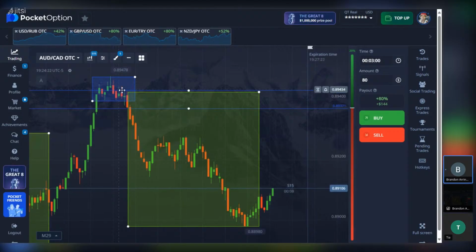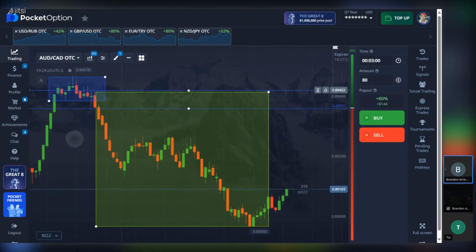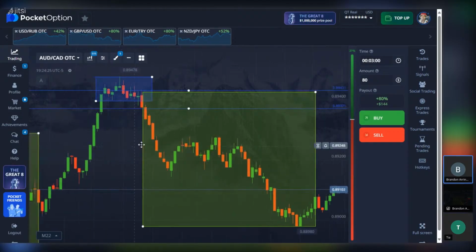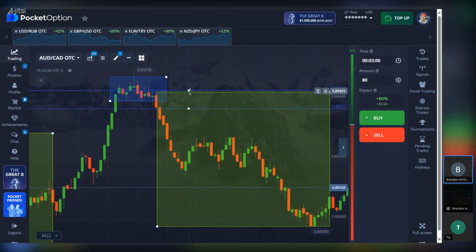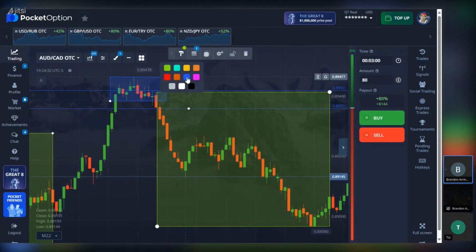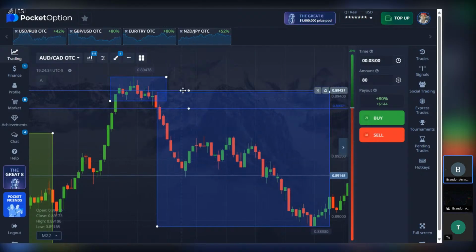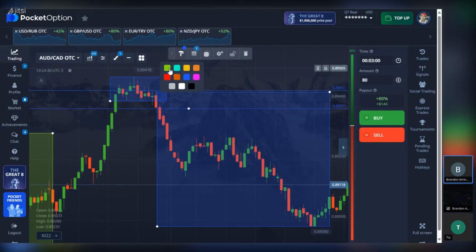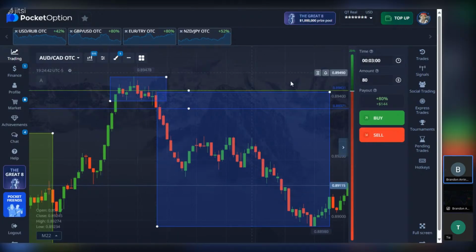So you see that first blue line? Let me zoom in. Let me change this color. You see this first blue line? Let me make it yellow. All those trades at this yellow line are gonna be 3 minutes.